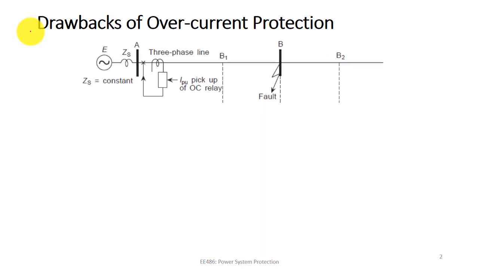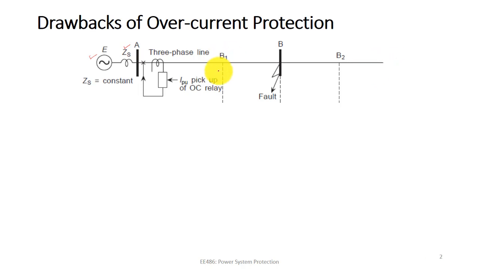Let us see them. Let us consider a radial feeder, where the source is E, the source impedance is ZS, and it has two buses, and bus B is connected further.